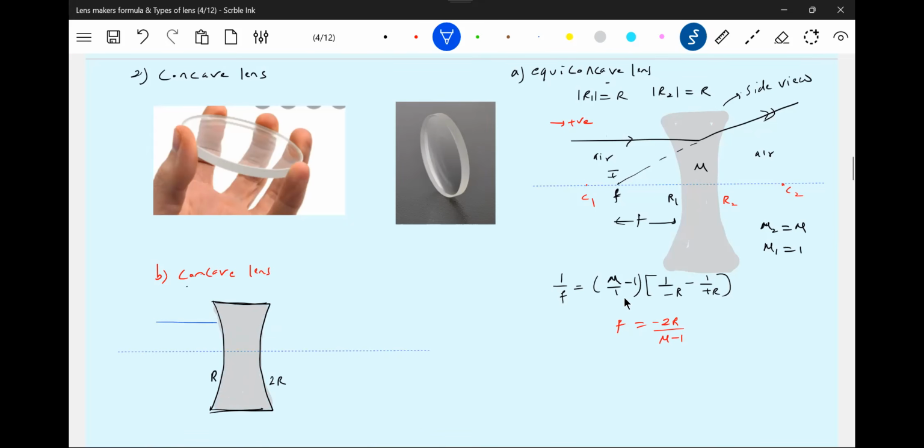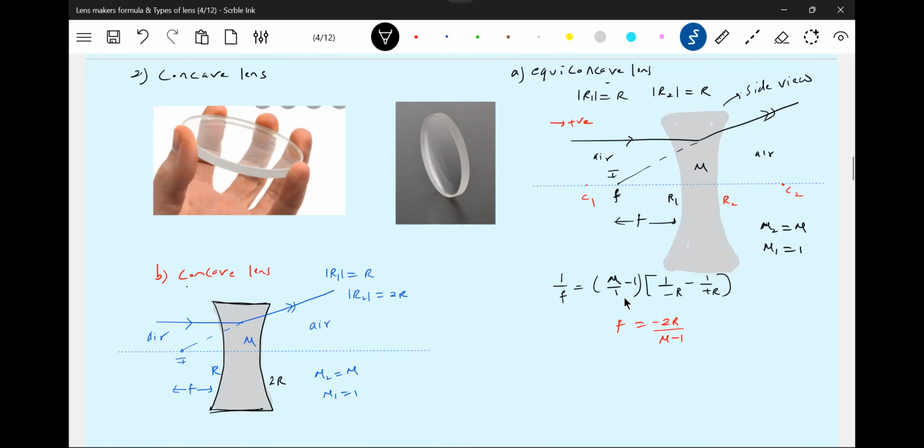The ray after refraction, this will be the focal length. Earlier the radii were the same, R1 and R2. Now the radii are different, so how much is R1? Mod R1 equal to R.